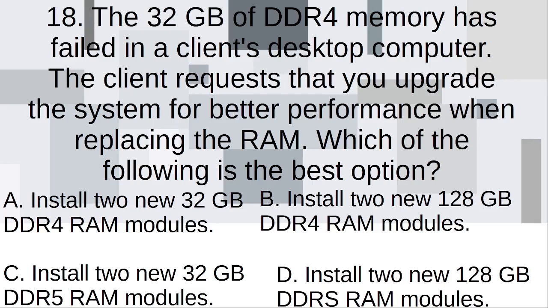The 32 gigabytes of DDR4 memory has failed in a client's desktop computer. The client requests that you upgrade the system for better performance when replacing the RAM. Which of the following is the best option? A. Install 2 new 32 gigabyte DDR4 RAM modules.